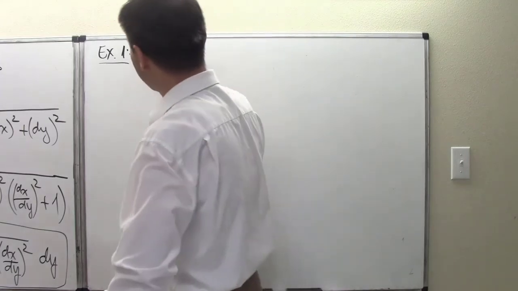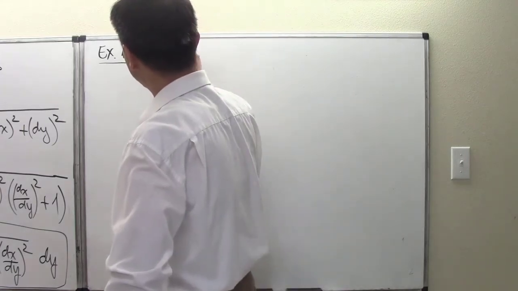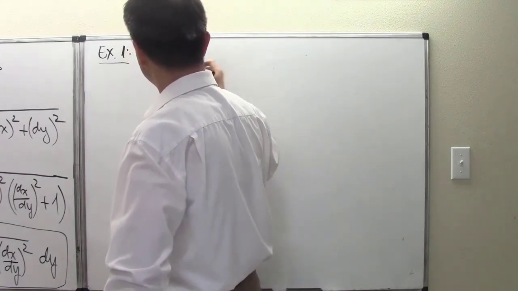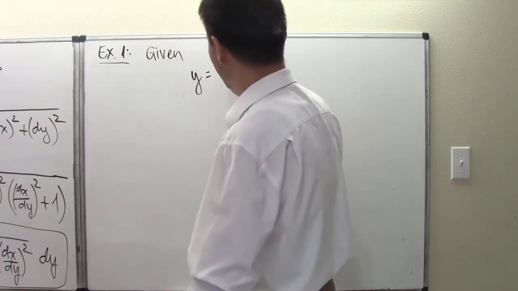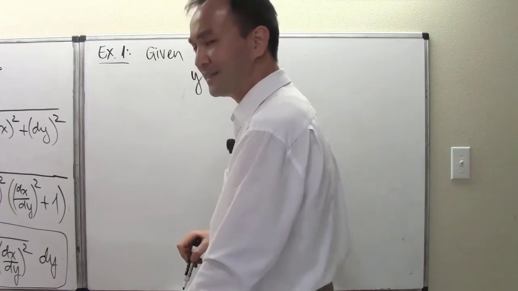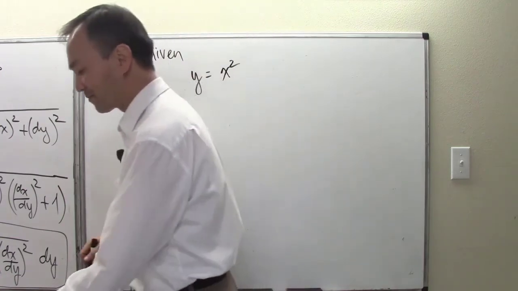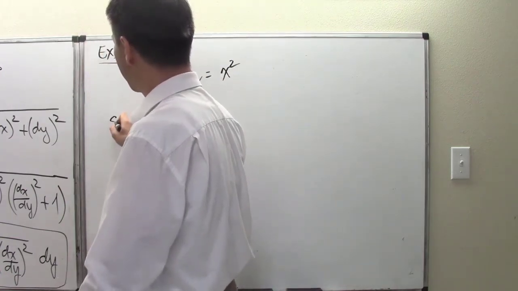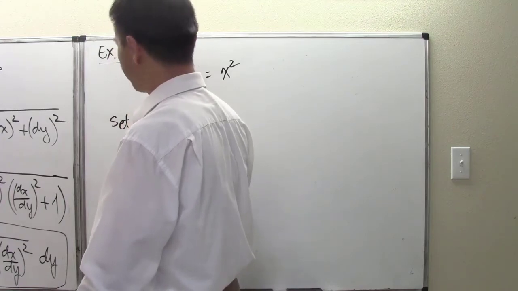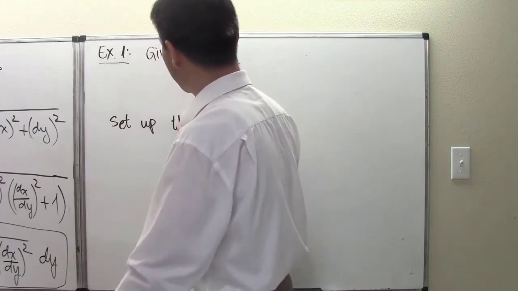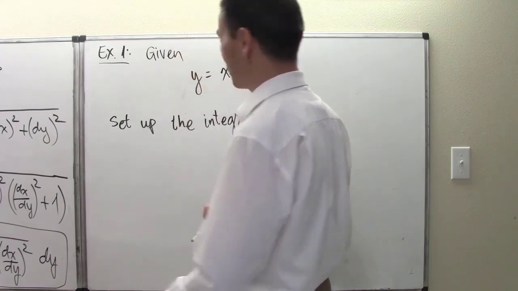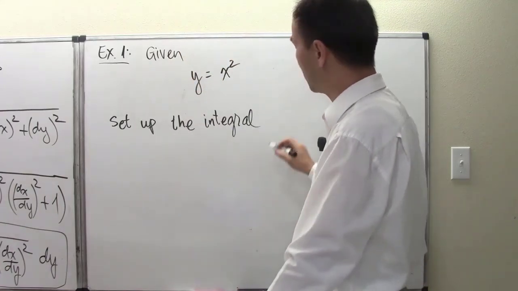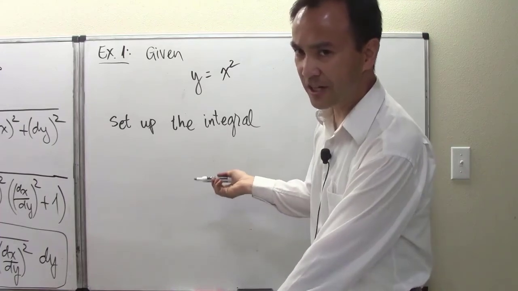So we are starting out by having a given curve. So all you see here, this is an equation, y equals x squared. We are given that equation. Okay, and so now the problem is stating the following: set up the integral. We got to learn to move on with the steps carefully. We set up the integral, and of course the definite integral.